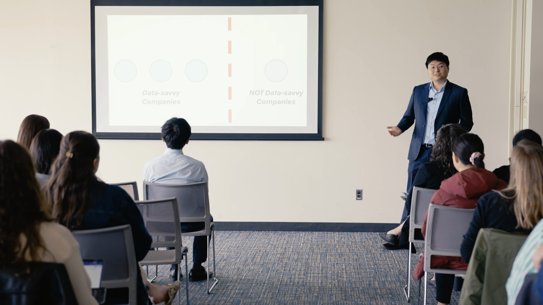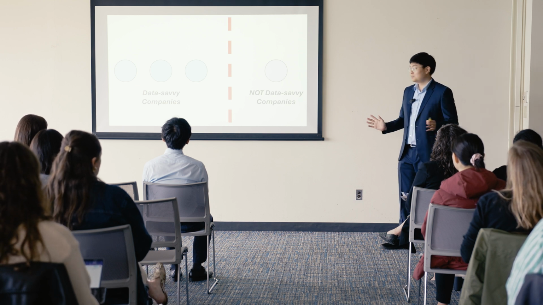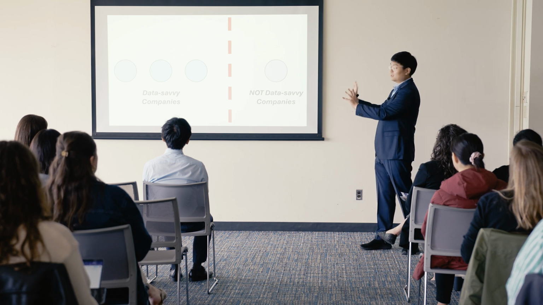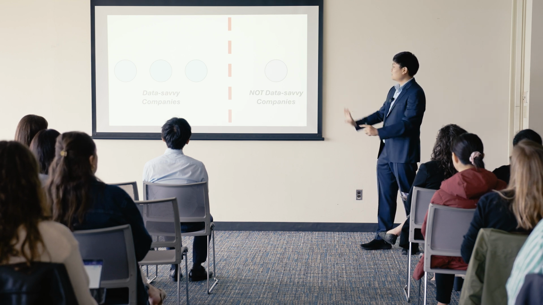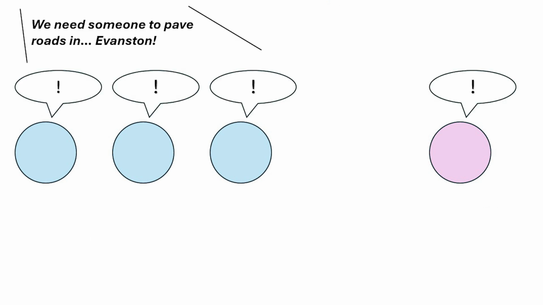So here is an interesting problem that I identify in my research. Not using any equations or Greek letters, I'm representing everything in circles and diagrams. Here on the left, we see data-savvy companies represented in blue circles. Here on the right, we have, in pink circles, the not-so-data-savvy companies. What I find in my research is the following.